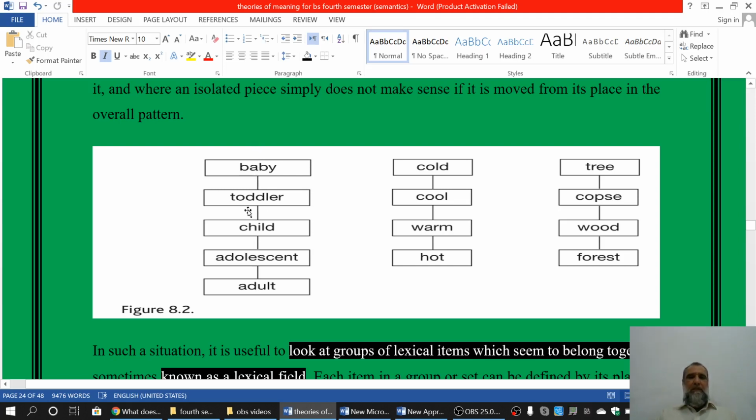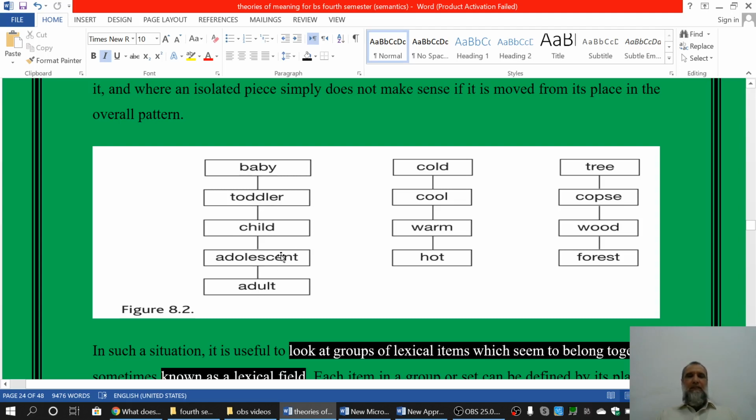For example, the semantic field of child is that this is a stage in the growth of a human being before adolescent and after toddler. You can define adult with reference to all these words. You can define toddler with reference to all these words. So therefore, the semantic field of child are these words. The semantic field of toddler are these words.